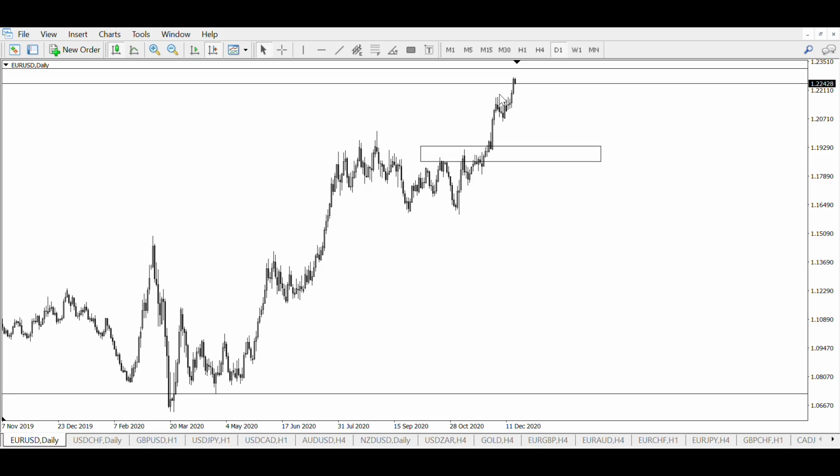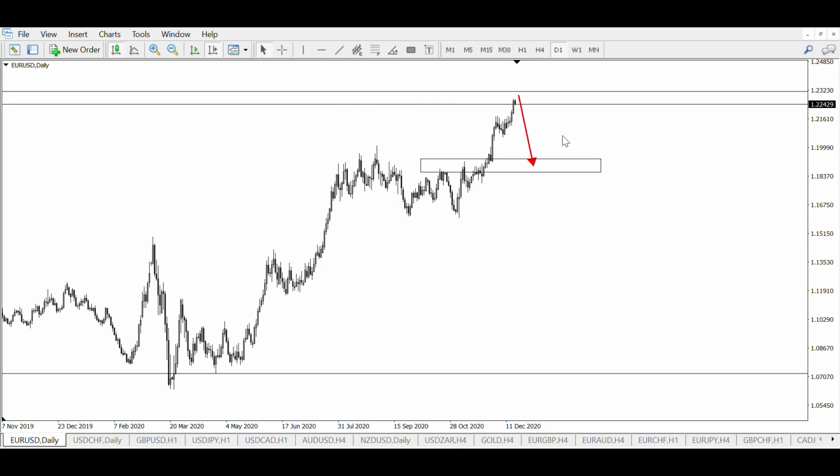Now, seeing that price is here, what I am looking for is firstly a drop down into this level, and because I'm on the daily time frame, I know this drop down will not be happening right now, so I am looking for this retest to happen early next year or late December.